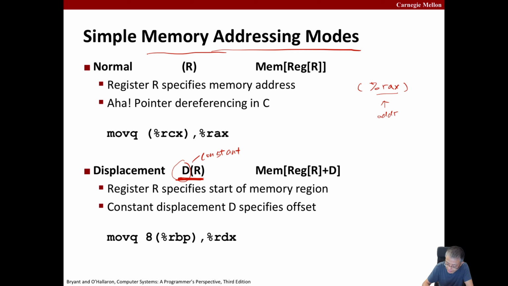Now what we are accessing is the memory at the address equal to the register plus D, right? So here we have an example. The address is RBP plus 8. Then we access this memory, loading from this address into the RDX register.